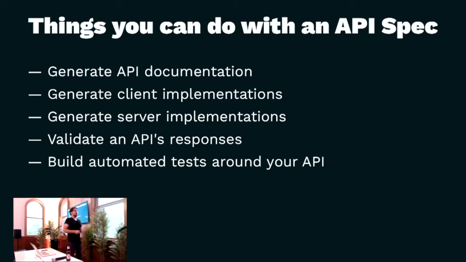Now, things you can do with an API spec once you've got one, and this applies to GraphQL as well. Once you've got a spec, if the spec's any good, you can generate API documentation from that, because it itself is just a YAML file or a JSON file. You can generate your docs. You can generate client implementations, so that would be the code you run on your phone or your mobile device or your front end or your JavaScript app.